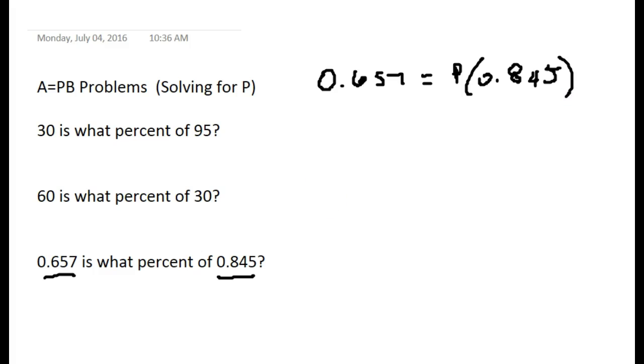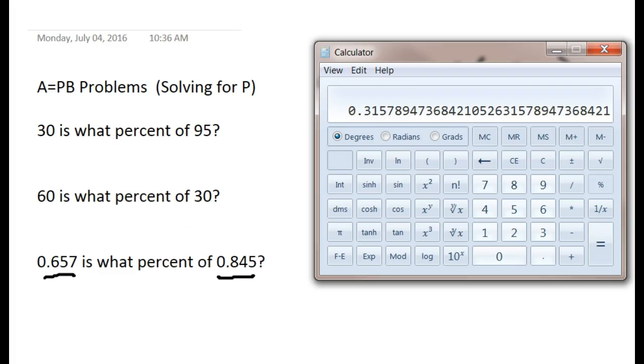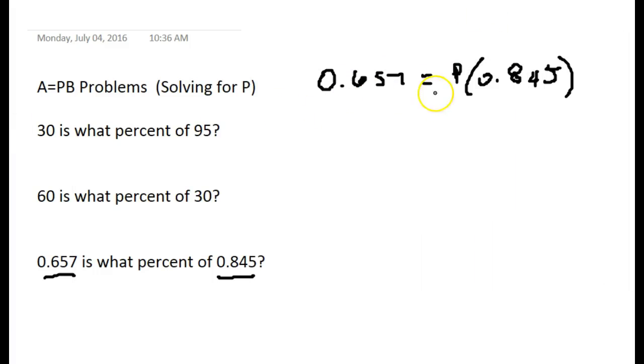I'm going to get my calculator out on this one because you know what I'm going to have to do. I'm going to have to say 0.657 divided by 0.845 equals, woo, look at that. That looks like I got 3 7s and a 5. I'm going to move this over to the side. So what did I do? I divided both sides by 0.845.